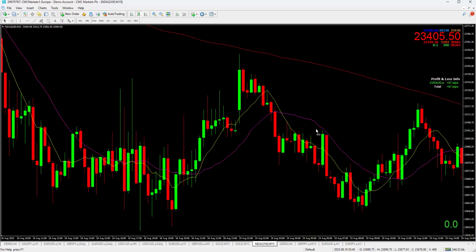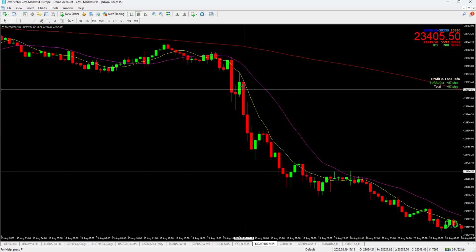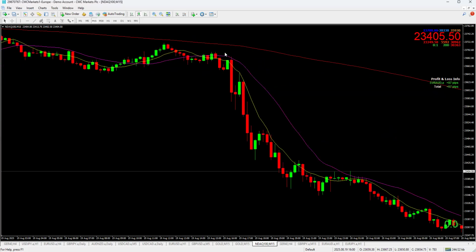So when it comes to this strategy, what you want to do is to buy preferably when there is a continuation. Remember a while ago, I said it's impulse move, correction, continuation.